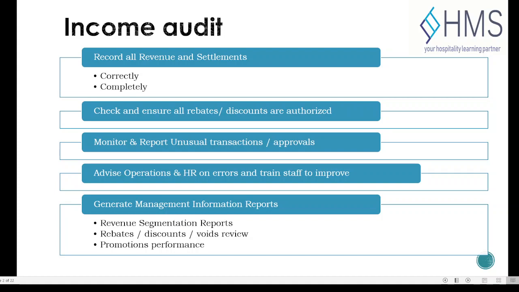As a chief accountant or as an expert in hotel finance, you need to be very clear on what information you are going to get from the income audit, what you can expect from them, and how you are going to use it in your financial reporting. So, revenue segmentation is already generated by the PMS, and it's mostly the responsibility of the revenue management function to make sure it is correct.